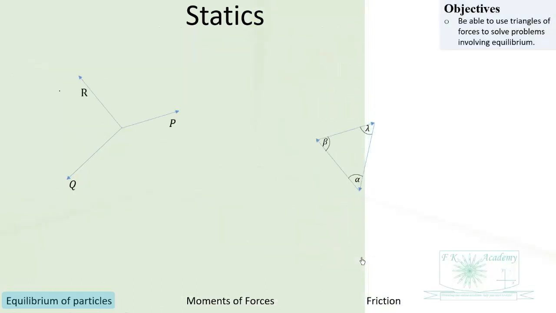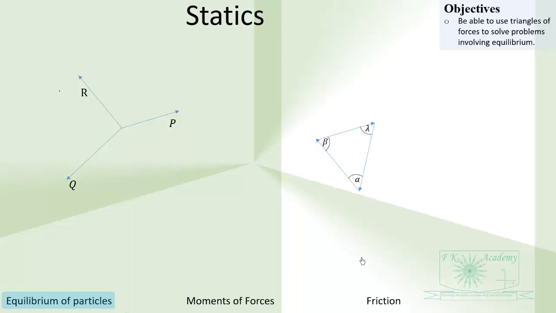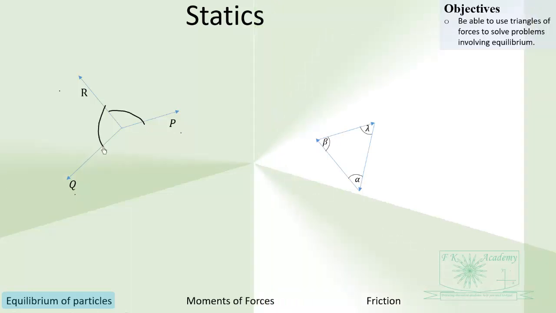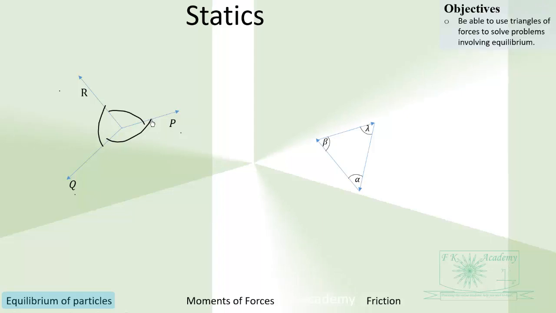Now let's consider the case where the triangle is not a right angle triangle. So in this case, we have forces R, P, Q. And we see that the angle between them, none of them is a right angle. So how do we solve this? We can also draw the triangle of forces, as you can see in the diagram.